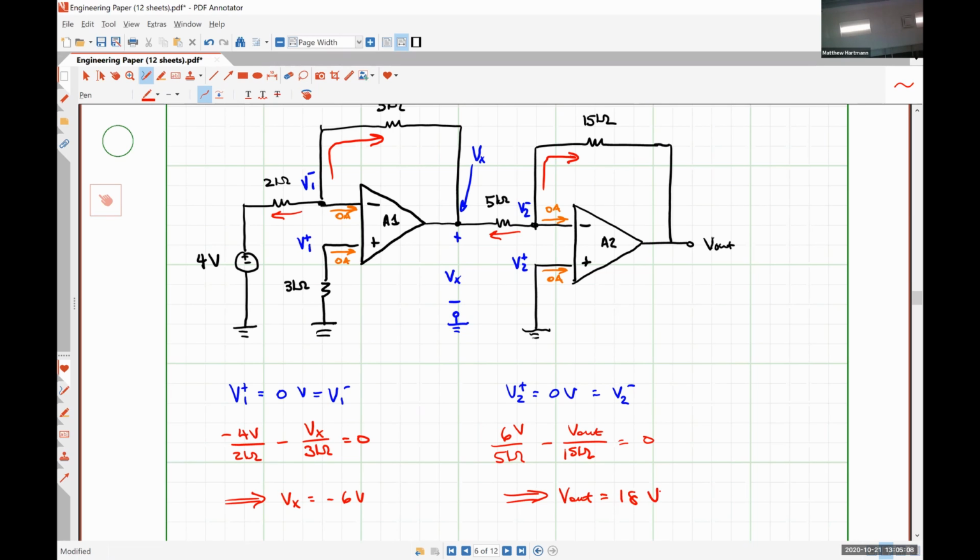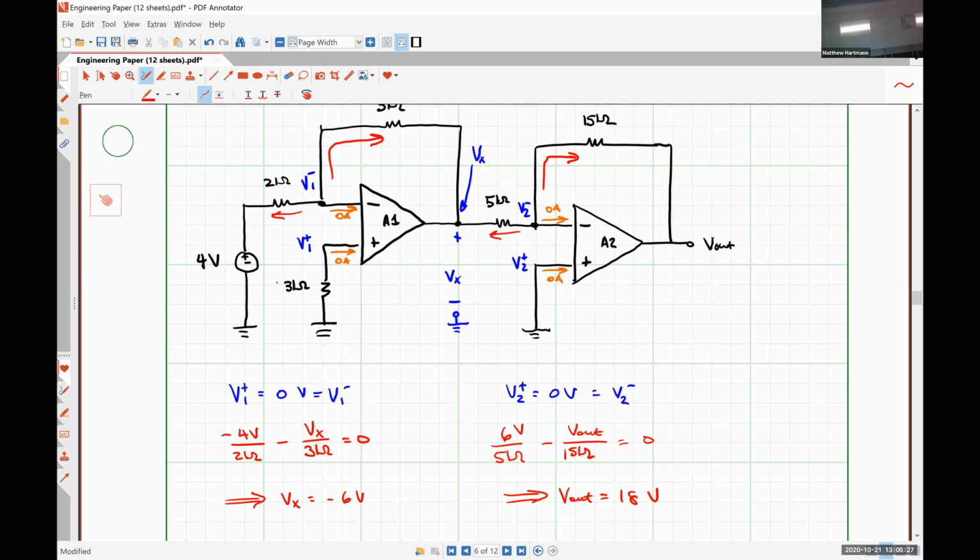we can cascade these guys together and it really doesn't increase the level of difficulty of the circuits, in my opinion, at all, because we can isolate them into easily digestible single stage amplifier blocks, where the output of this first stage is just looking like the input of the second stage, right?